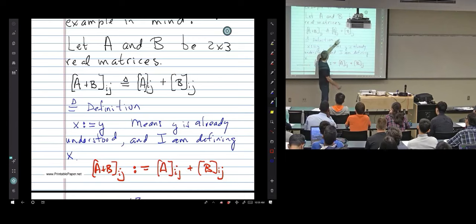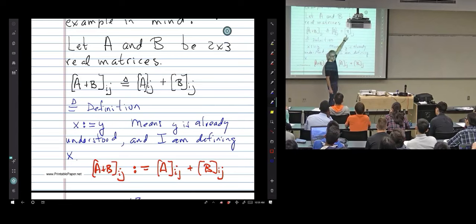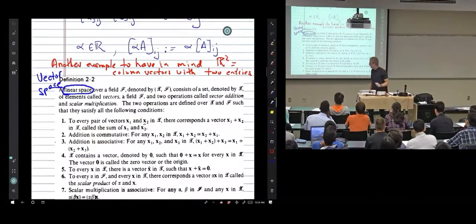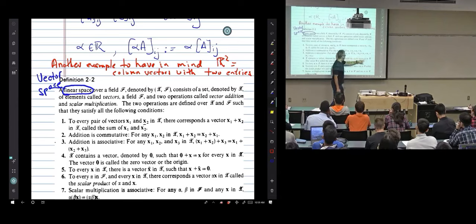It's true because for real numbers that doesn't matter. That's how I prove that the addition of 2x3 matrices satisfies commutativity: it's inherited from the real numbers. And for my 2 by 3 matrices, if I have A, B, and C, can I add up A and B, then C, and get the same thing as if I take A and then add it to B and C? Looking good, right?